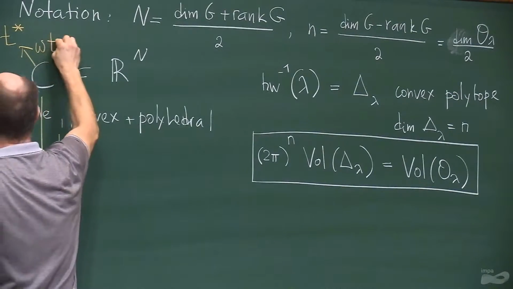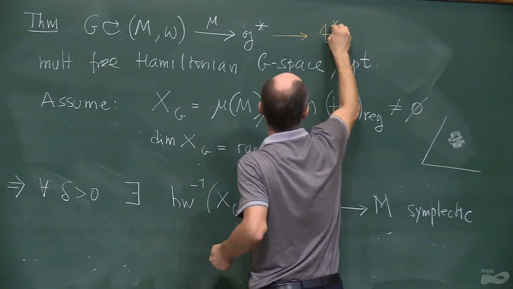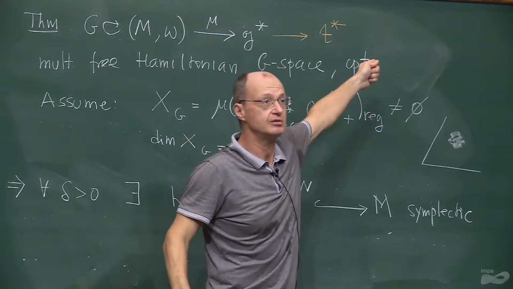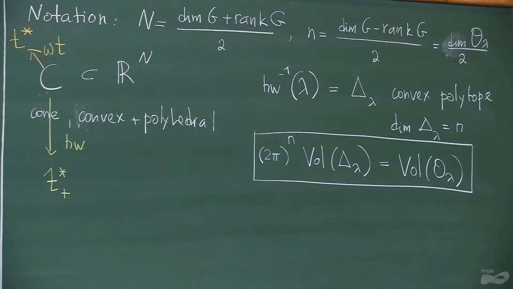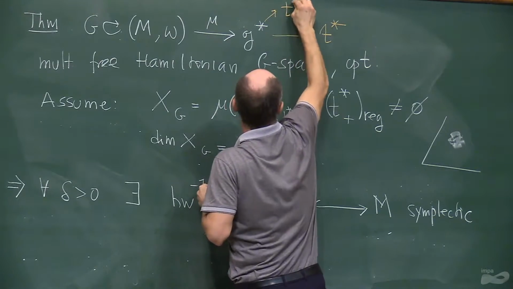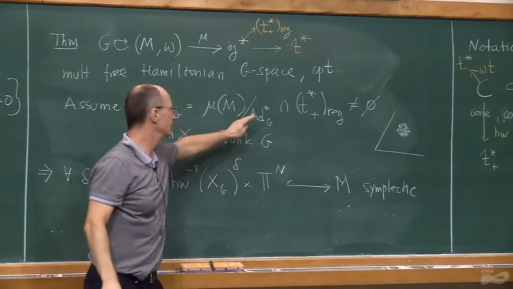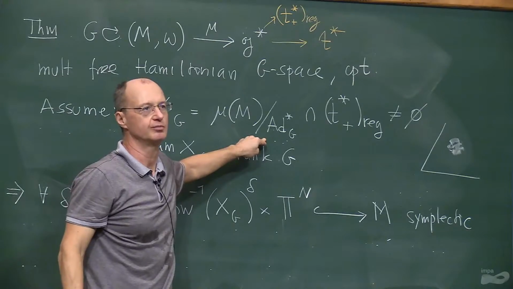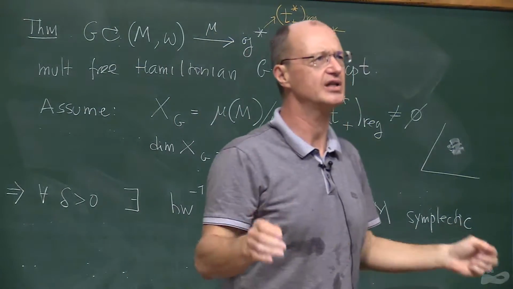Let's call it the weight. Again, according to representation theory. And here we also have a map to T star, just a projection. So for instance, they will agree. And one can say more. And of course, this highest weight map will agree with the map to the Weyl chamber, which is given by the quotient by the coadjoint action. So I think these two things, but one can in principle say more.